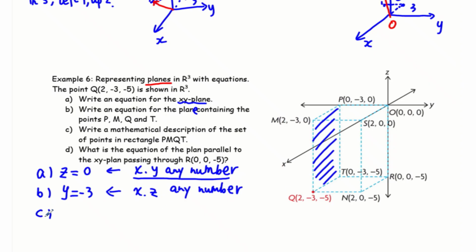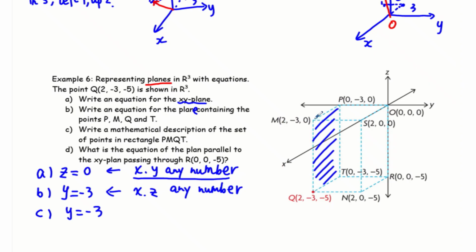And question C, the set of points in rectangle PMQT. So a mathematical description of it. If we restrict this plane only to this rectangle, then it will be y equals -3, but you cannot have x, z be any numbers.